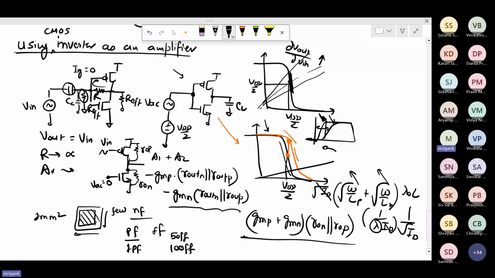Because here there is no bias current, the bias current is also dependent upon W by L. Now this root under ID that we are putting here is in itself dependent upon W by L, right? So let me write it afresh.